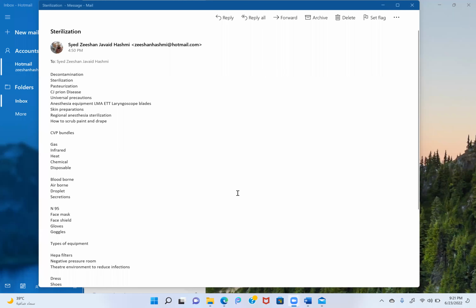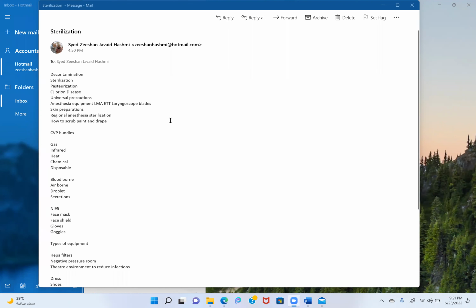What is an N95 mask? Anyone? How can we define it? It's a mask, 95% protective. We can define it by the size of the particle it allows to pass.